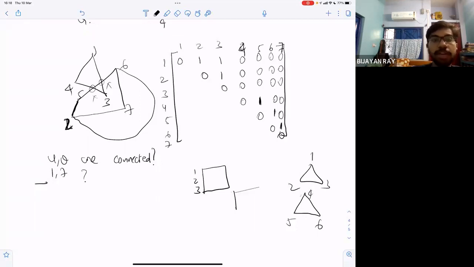So 6, 7, it occurs 1 first at that point. So we come now to the 6th column. Then we check 1, 6 is 0. So the first one occurs at 5, 6. So 5 and 6 are connected.